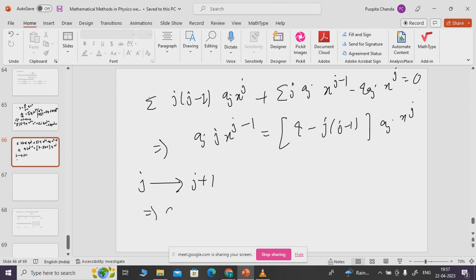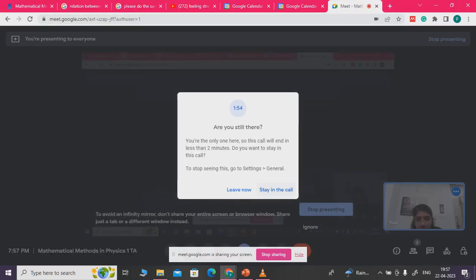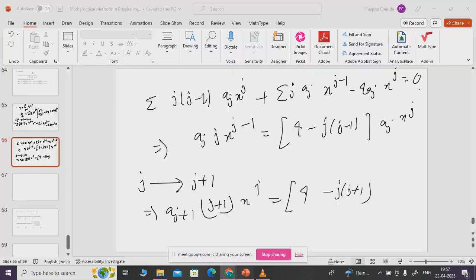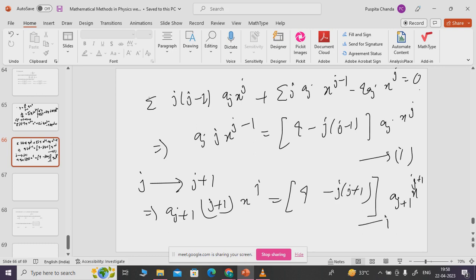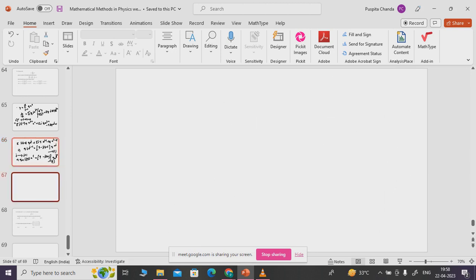Now we replace j with j plus 1, so it will become aj plus 1 j plus 1 x to the power j, 4 minus j into j plus 1 into aj plus 1 x j plus 1. This is equation 1 and this is equation 2.